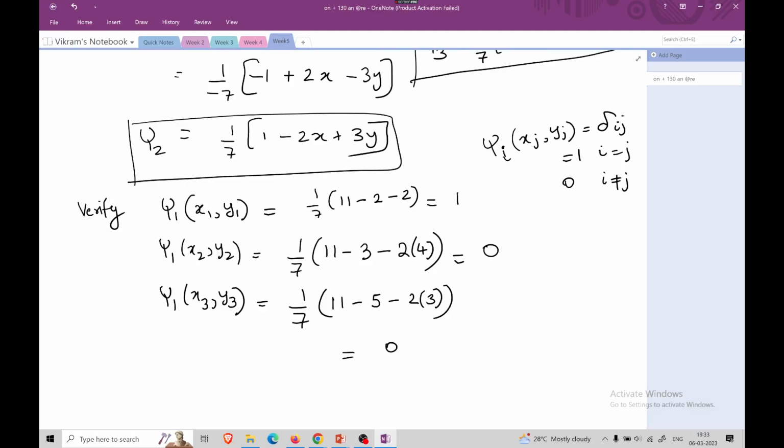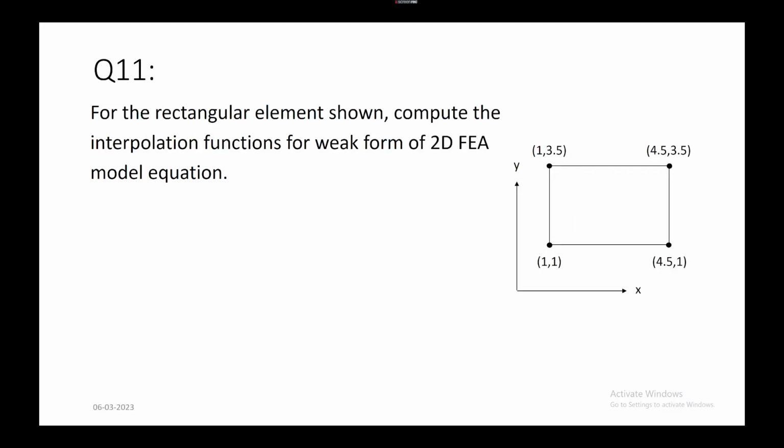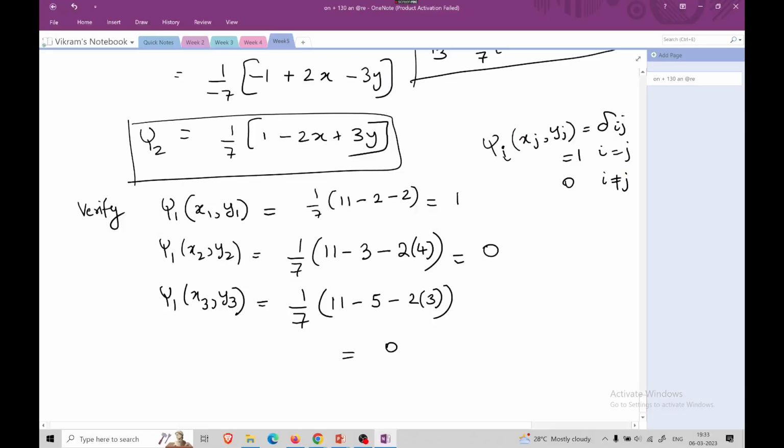Okay, so we'll now go back to the presentation. We have one last question actually. Here we have a rectangle, so we are going to compute the interpolation function for the rectangle also. So we'll now again go back to notes.